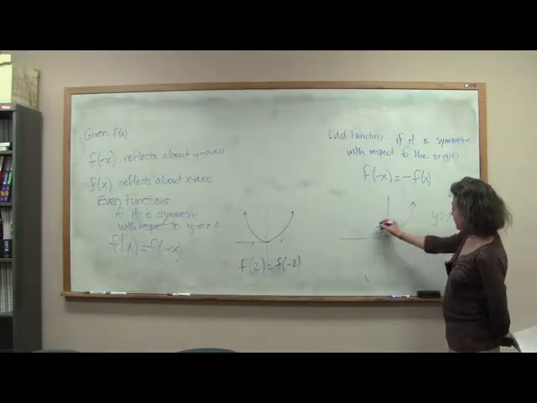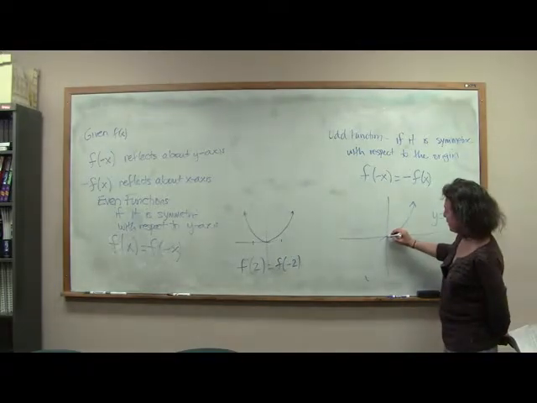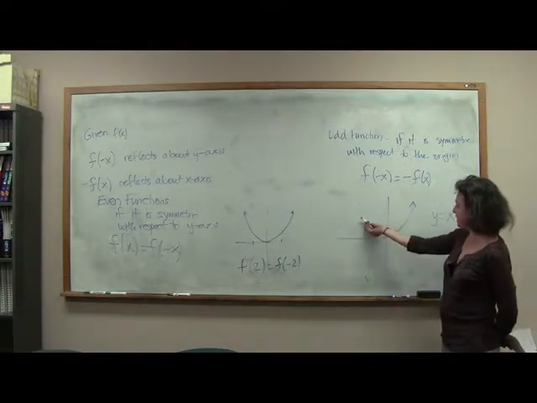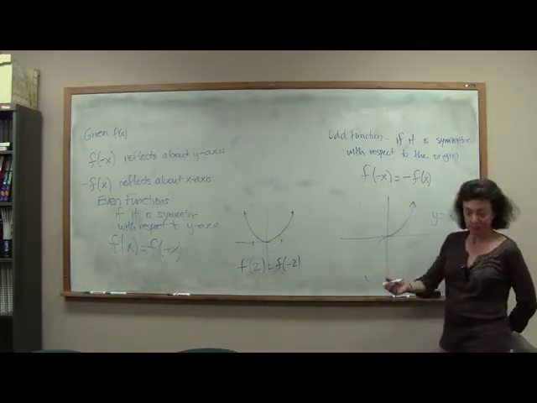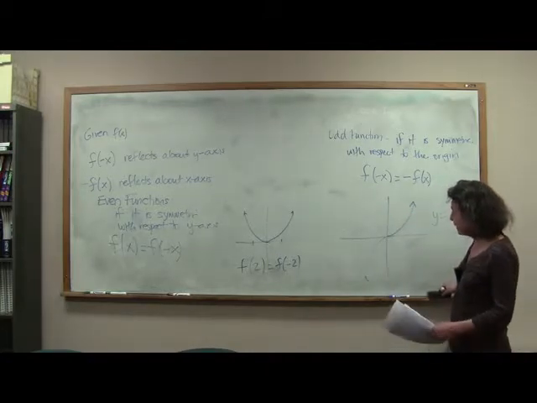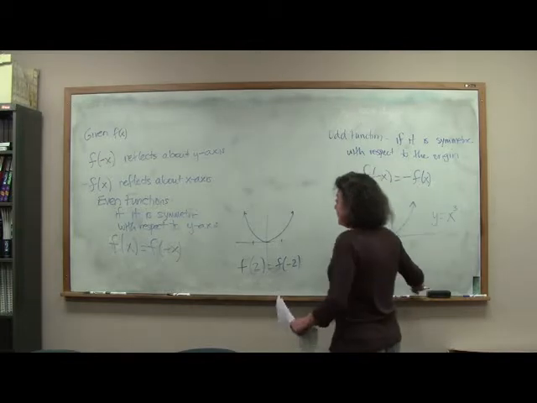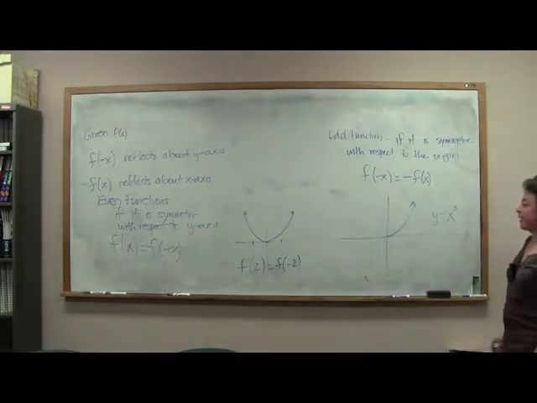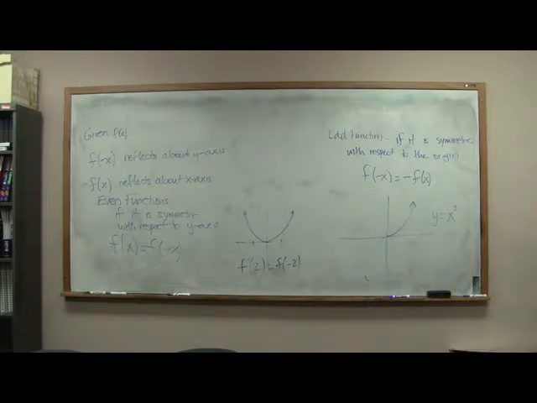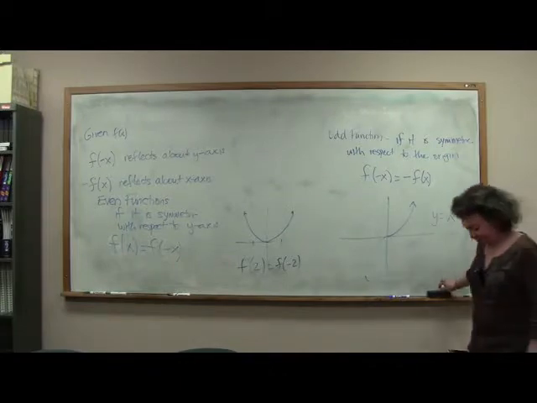And we could do the same thing, we could go the other way. We could first do the reflection about our y-axis and then our x-axis. But notice we get the same thing. Okay? So, we have an even function symmetric about our y-axis. We have an odd function symmetric about our origin.